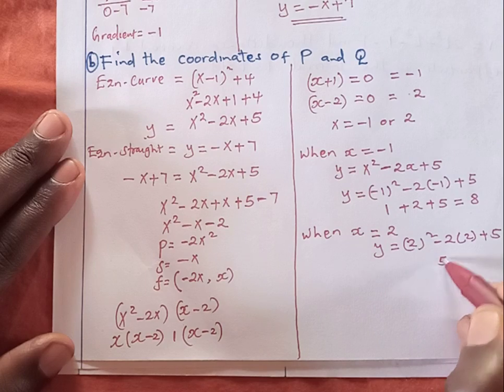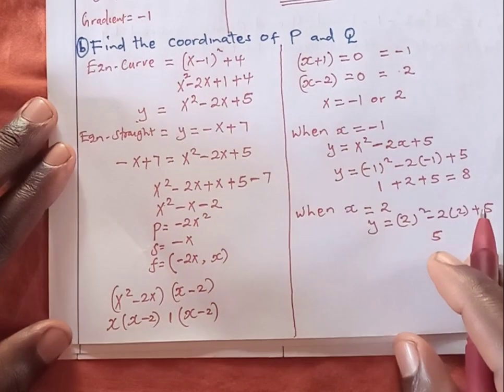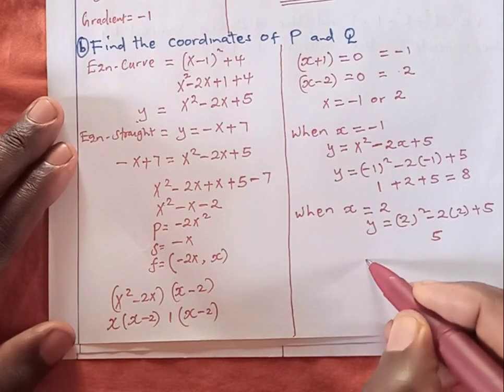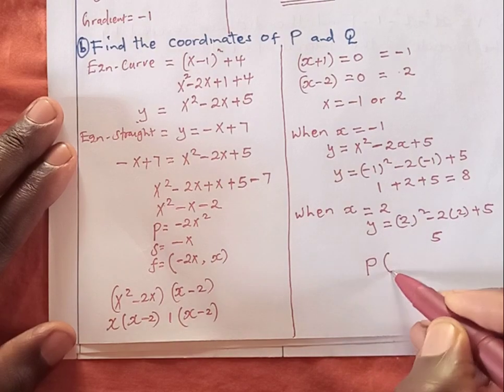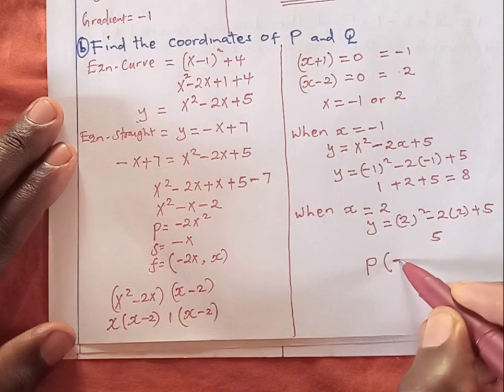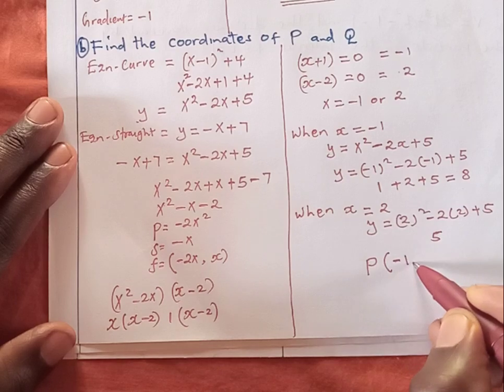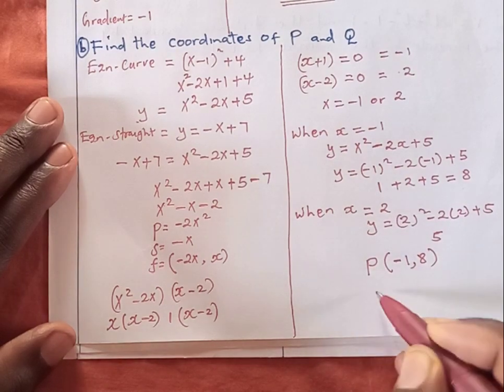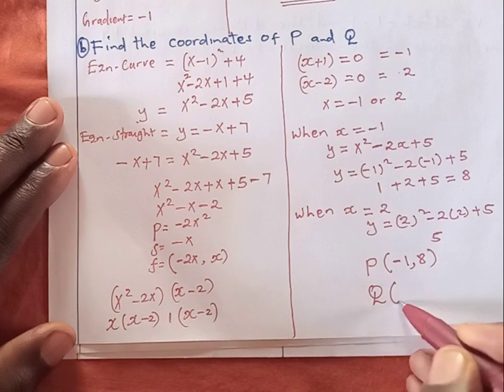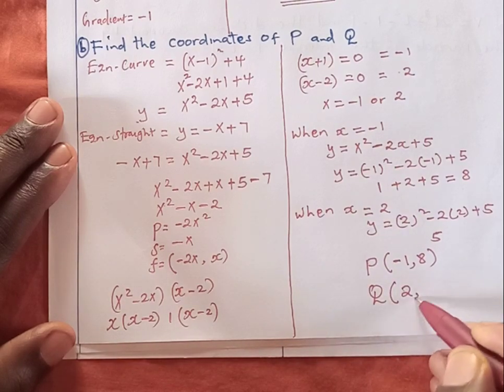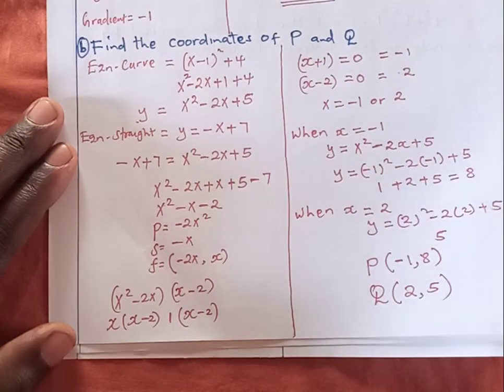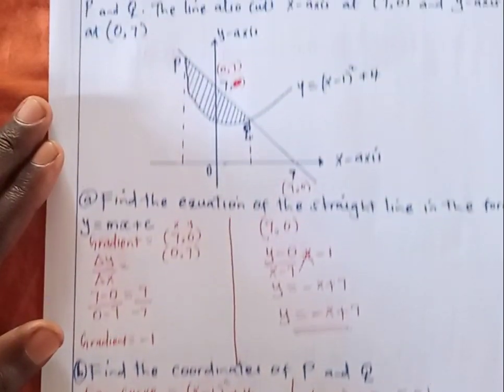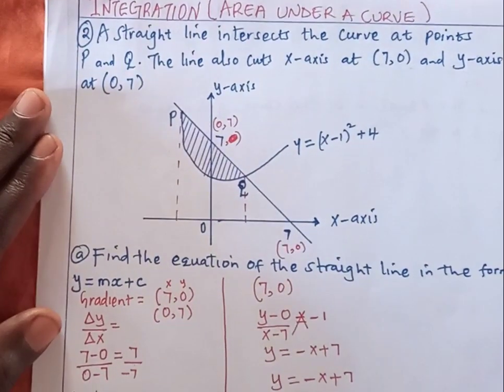Then y is going to be 5. Now the coordinates are, for p, negative 1 comma 8. Then for q, the coordinate is positive 2 comma 5, and we can prove that from our diagram.